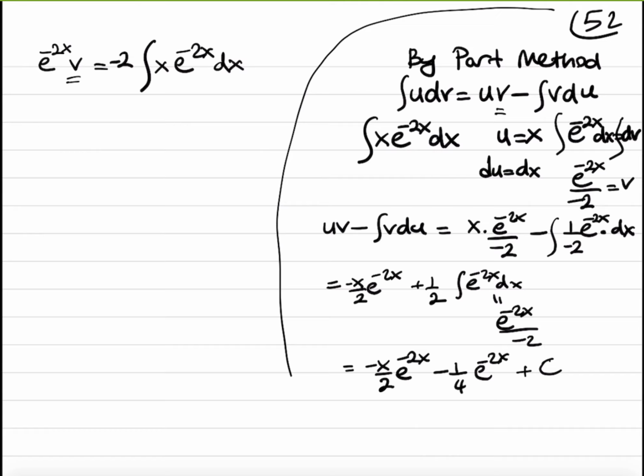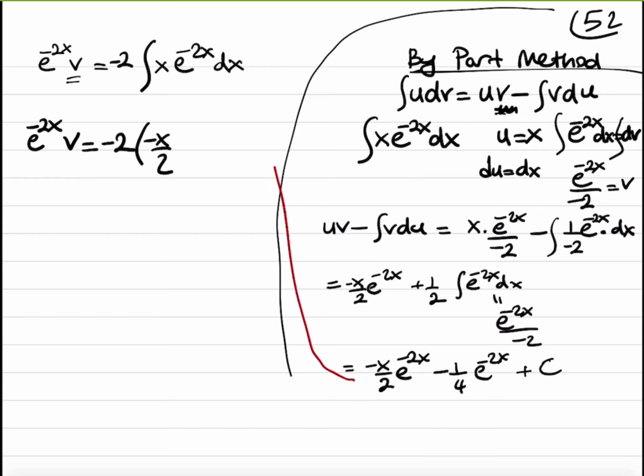Okay, now we can put it back into our equation. But as I said, this v is different, this is the by parts method v. So now let's go back to our example. Okay, we take the integral.